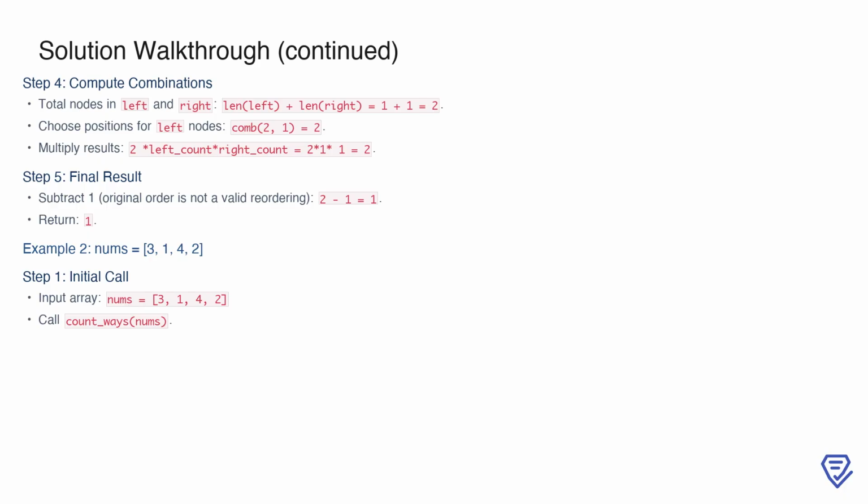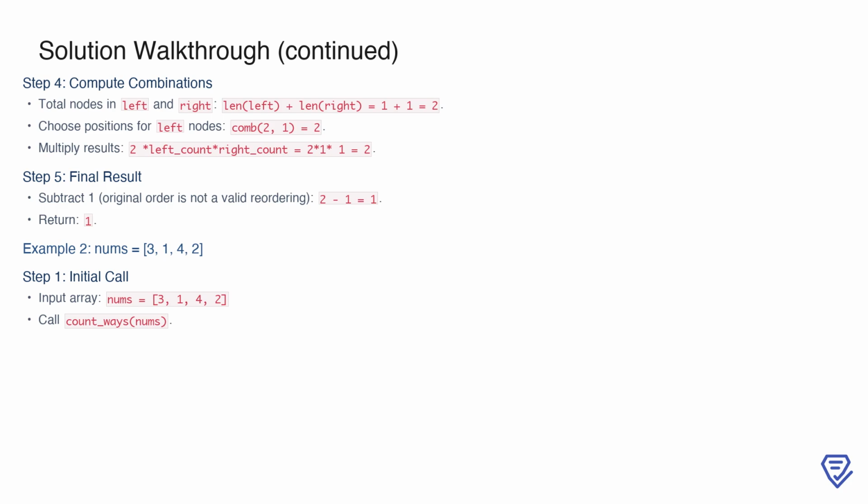The total number of nodes in the left and right subtrees is 1 plus 1 equals 2. To determine the number of ways we can position the left subtree nodes relative to the right subtree nodes, we compute com[2][1], which equals 2. Next, we multiply this result by the counts returned from the recursive calls. So, the total number of ways becomes 2 * 1 * 1 equals 2.